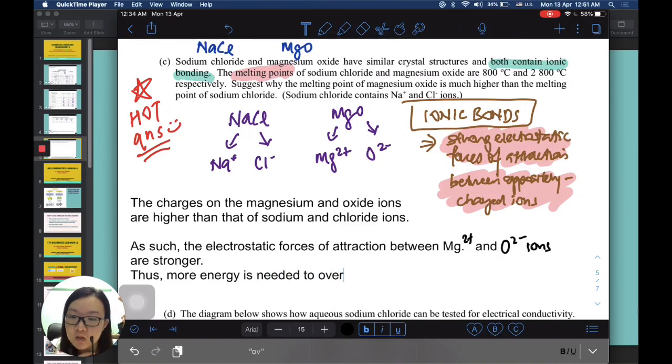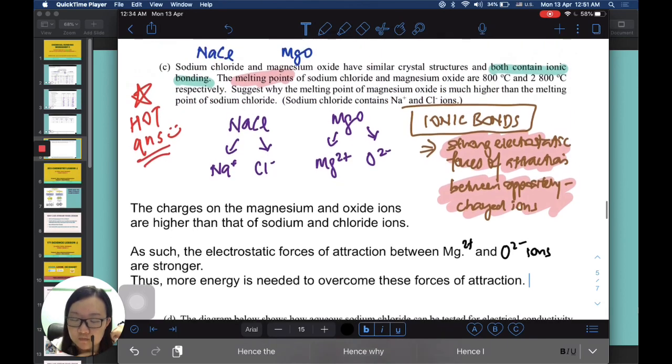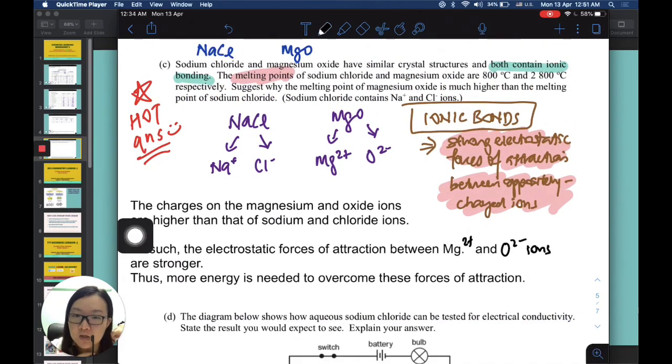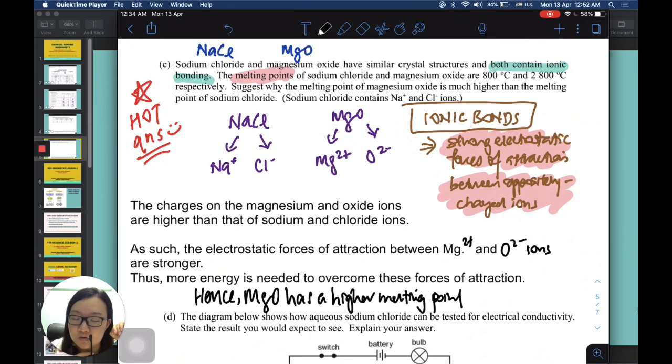If we bring it one step further to talk about energy required to overcome these forces of attraction, surely you need more energy to overcome the strong electrostatic forces of attraction between the Mg2+ and O2- ions versus Na+ and Cl-. A concluding statement would just be, hence, magnesium oxide has a higher melting point than sodium chloride.